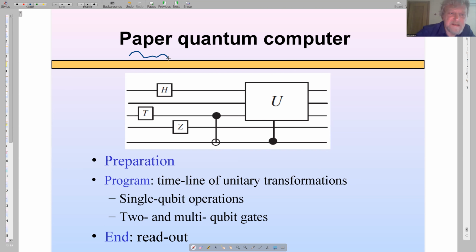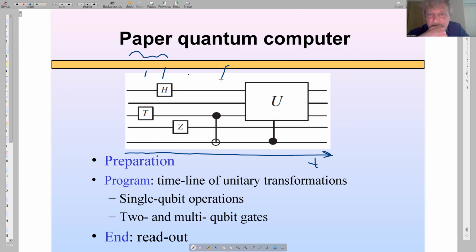It's best to look at a quantum computer as a process. So that will be a timeline. And those funny symbols are operations which are executed on the wave function of the quantum computer. What you see, these operations, is a program.